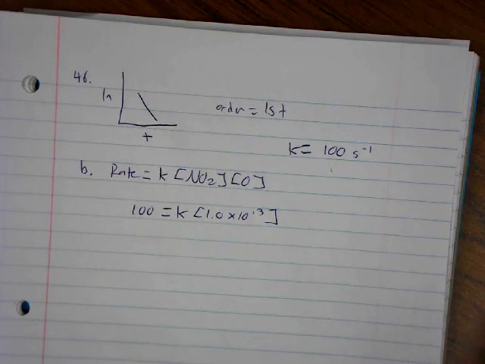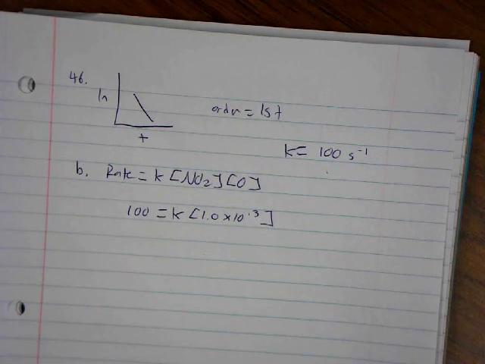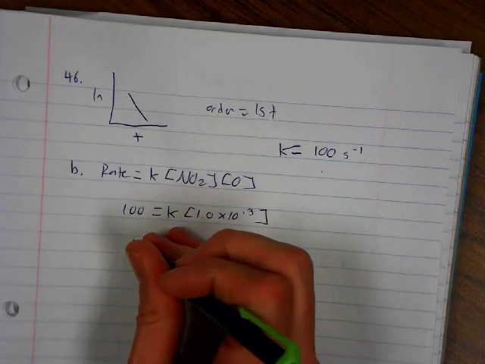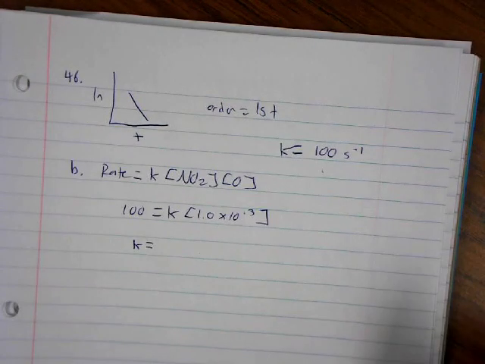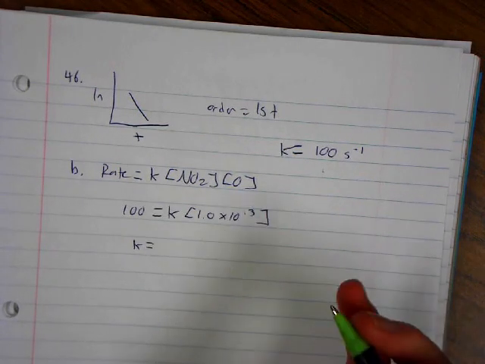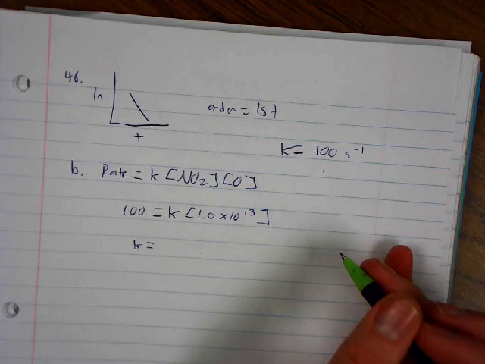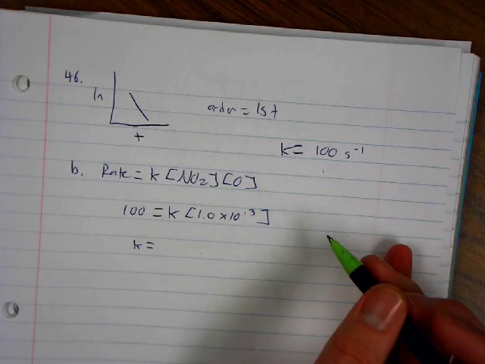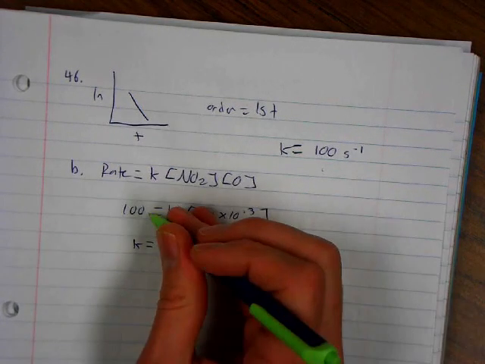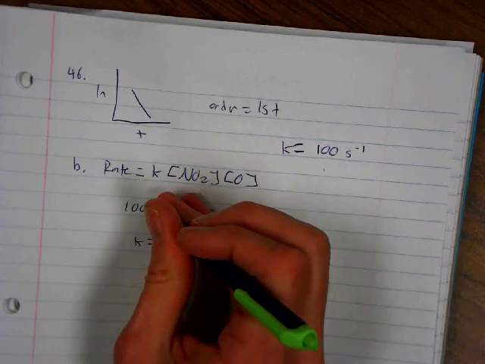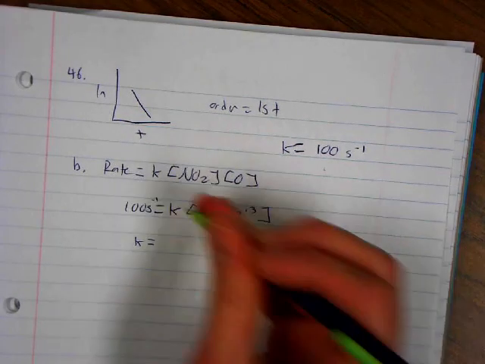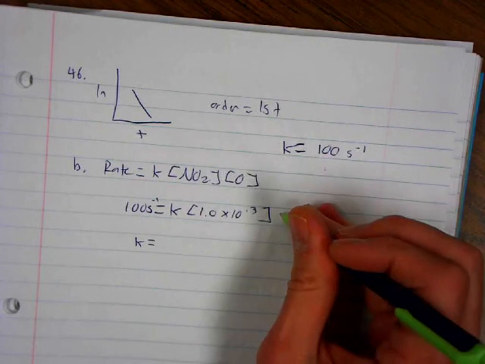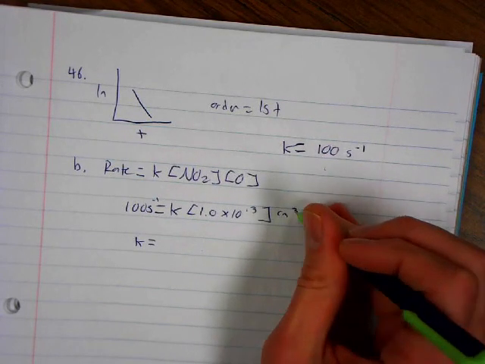Because NO2 is in large excess, its concentration doesn't even change. It's constant. This is what I was talking about in the notes. So to solve for k, you divide. How do you know that you divide the 100 by the 10 to the 13th and not the 10 to the 13th by the 100?